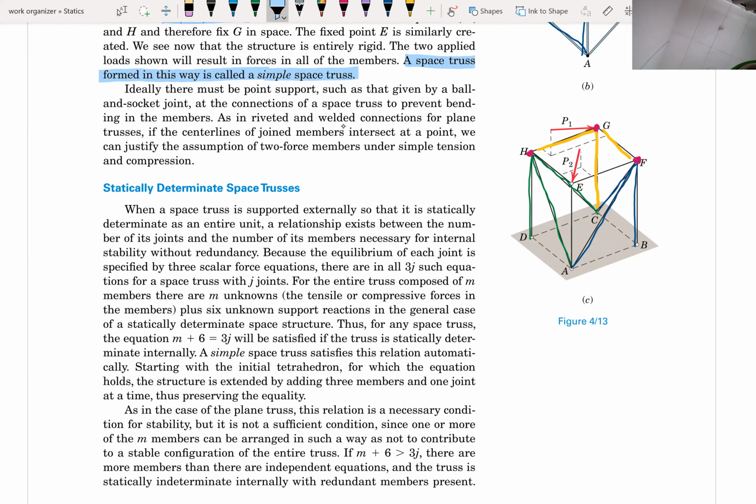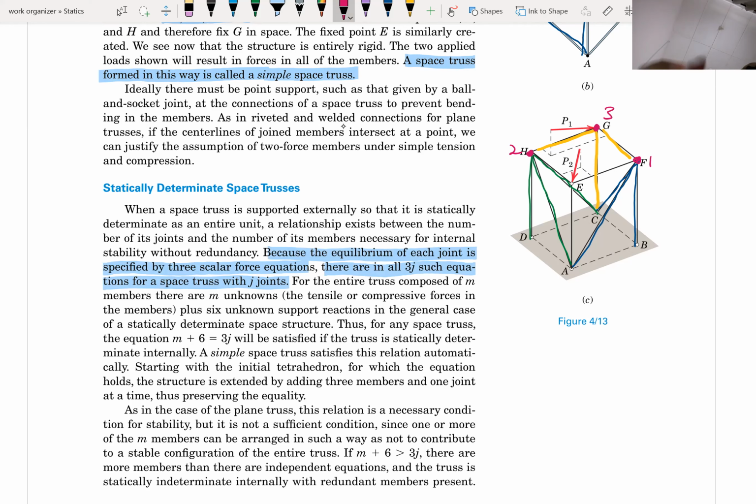So because the equilibrium of each joint is specified by three scalar force equations, they are in all 3J such equations for a space truss with J joints. So this one got how many joints? There are 3 joints. 1, 2, and 3 joints.